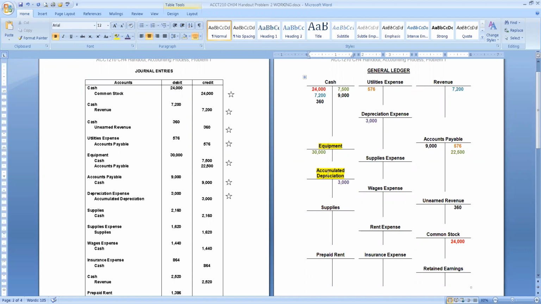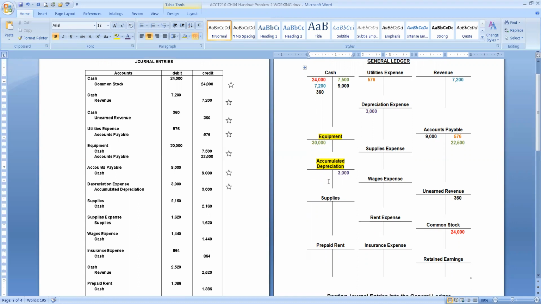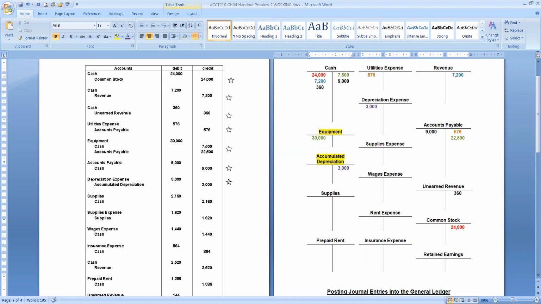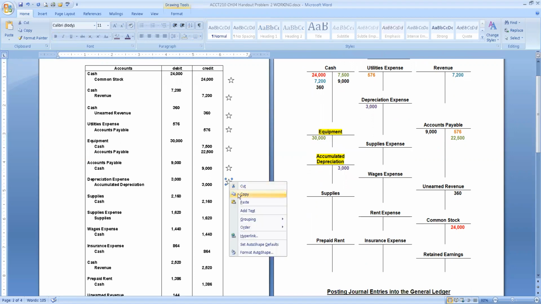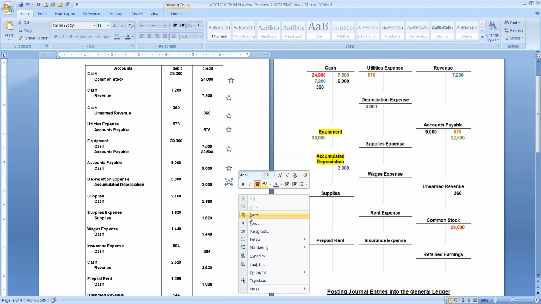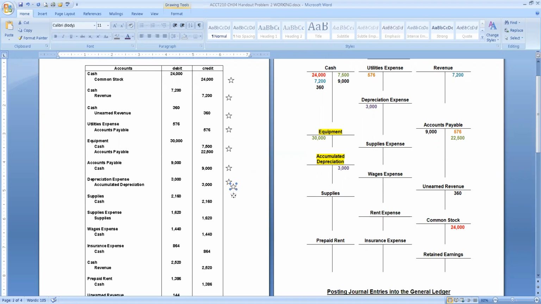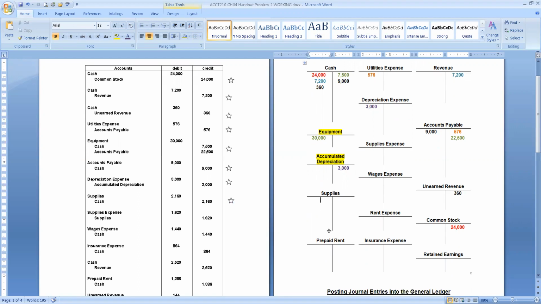But the equipment and the accumulated depreciation, these two accounts go together. The equipment has a debit, and the accumulated depreciation has a credit. So the accumulated depreciation goes against the equipment. It reduces it, I should say. We'll see more of it when we get to the financial statements.